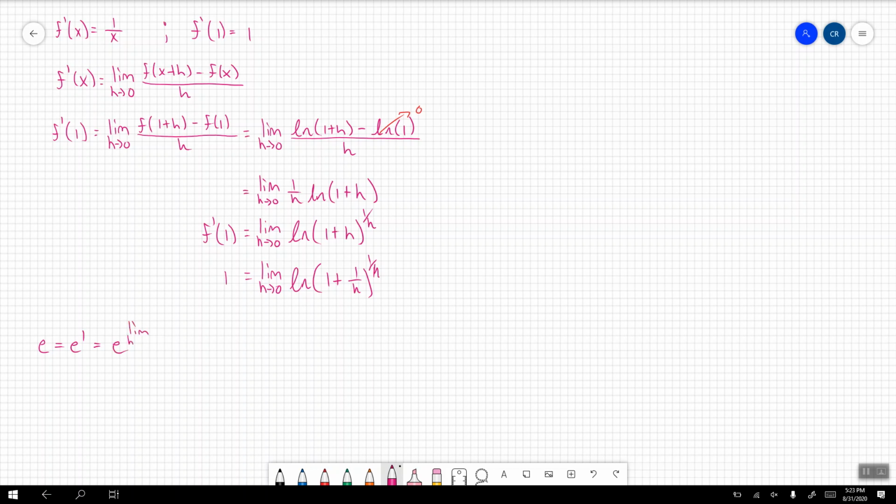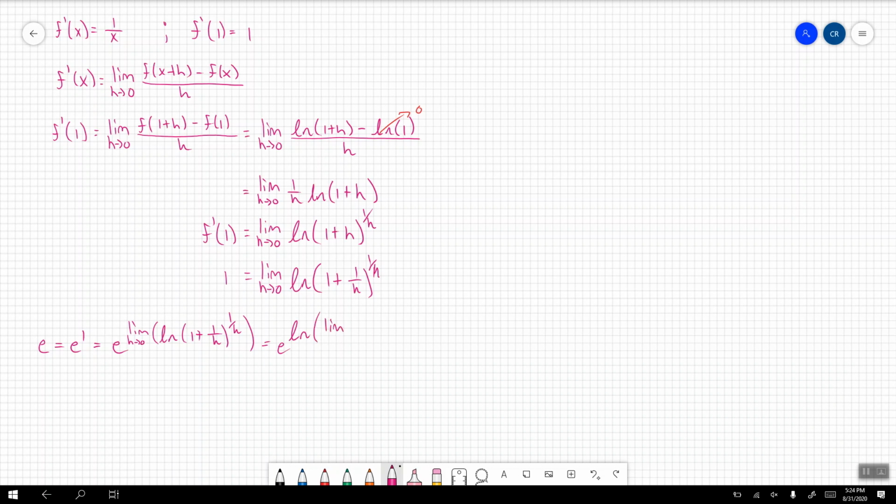So 1 is this limit as it's approaching natural log of 1 plus h to the power of 1 over h. So check that out. That in itself is amazing. Now what will happen here is that the limit will actually move through the function composition because of what we learned back in Calc 1.